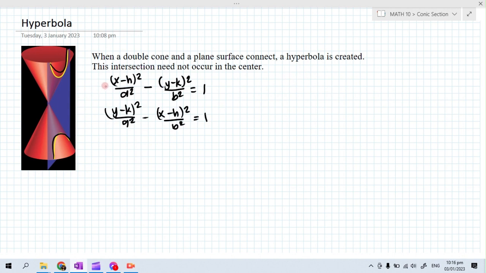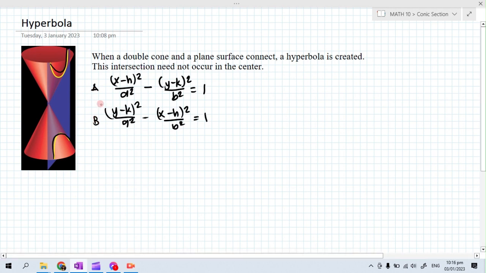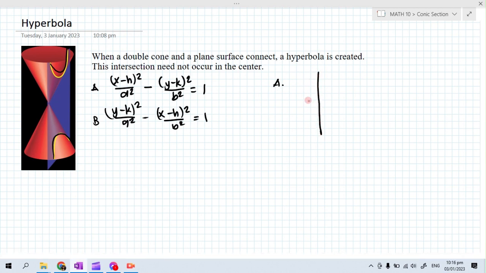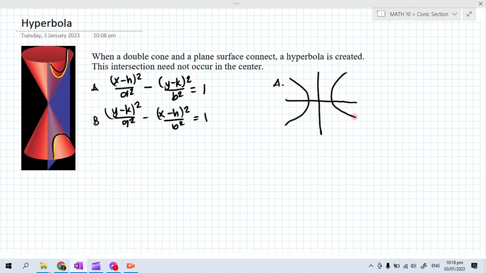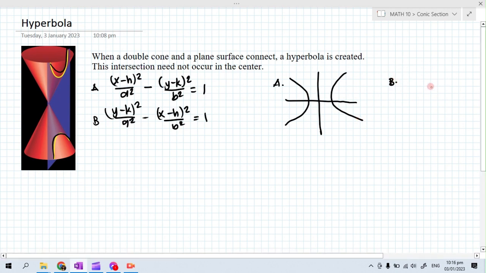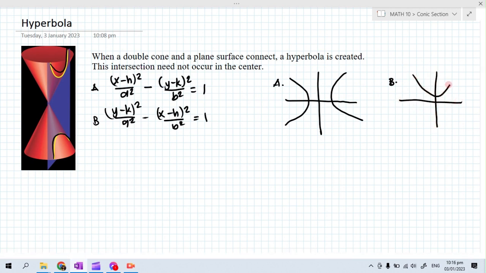Let's call them equation A and equation B. For equation A, the graph of the hyperbola faces left and right, so it will look like this. For equation B, it will face upward and downward, so it will look like this and like this.